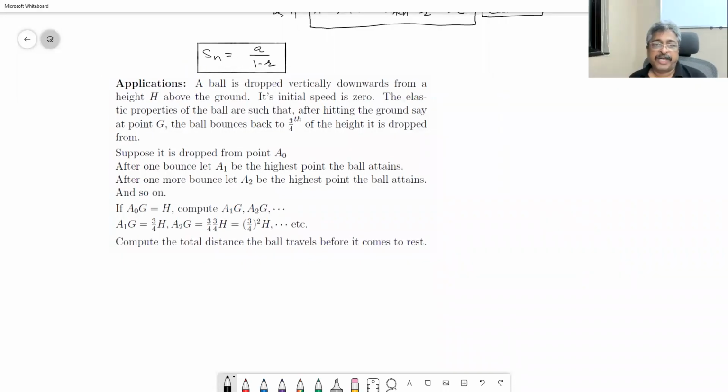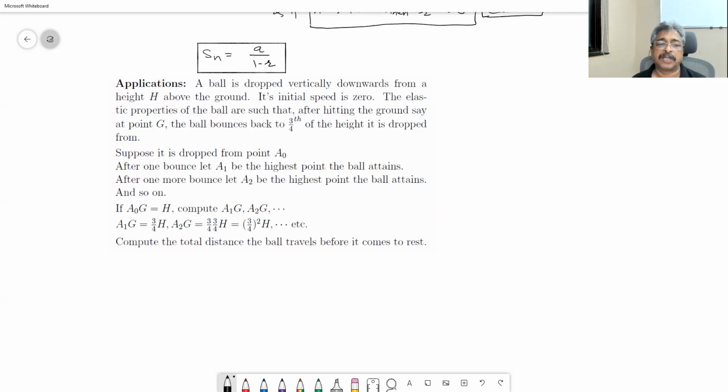A ball is dropped vertically downwards from the height capital H above the ground. Its initial speed is 0. The elastic properties of the ball are such that after hitting the ground, say at point G, the ball bounces back to 3/4 of the height it is dropped from. Suppose it is dropped from the point A0.